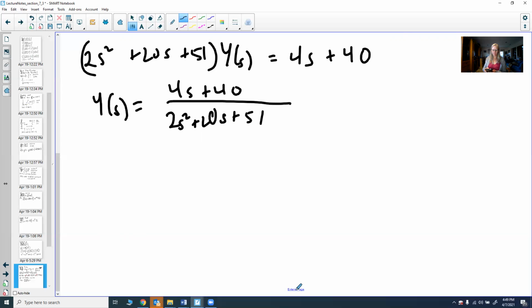I'm going to do that fairly quickly here. So we're going to expand 4s plus 40 divided by 2s squared plus 20s plus 51.